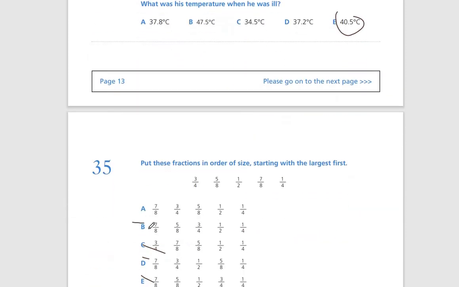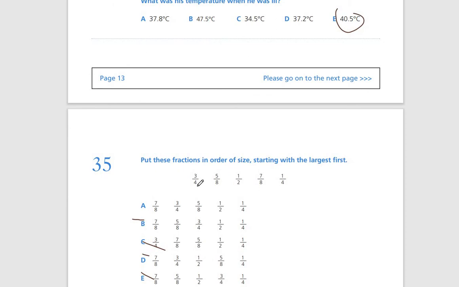35. Put these fractions in order of size, starting with the largest first. Well, 3/4 can be 6/8, 5/8, 1/2 can be 4/8, 7/8 is 7/8, and 1/4 can be 2/8.